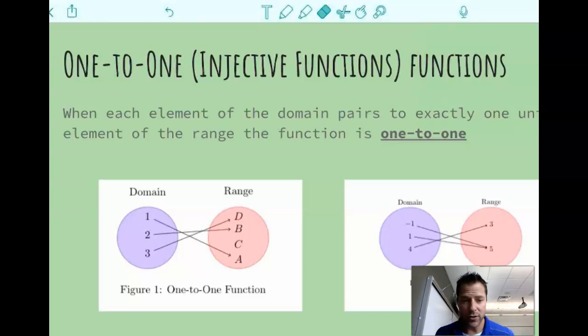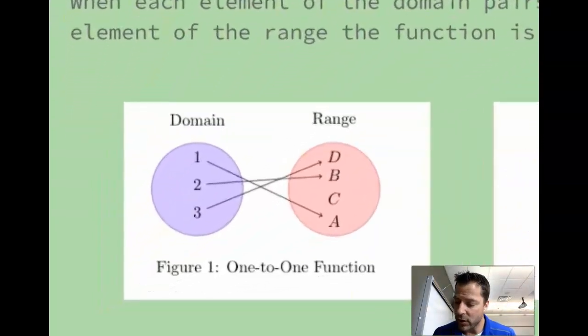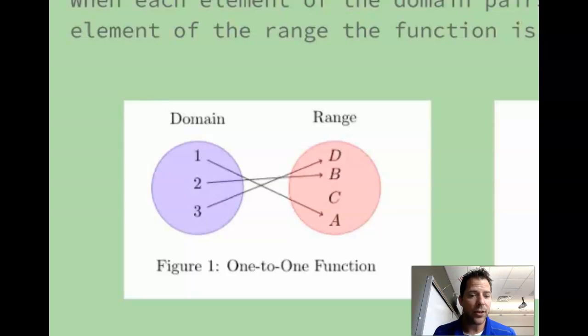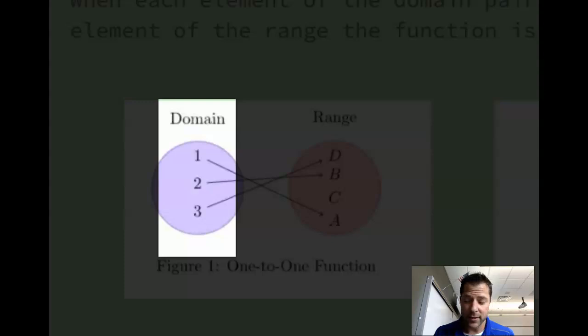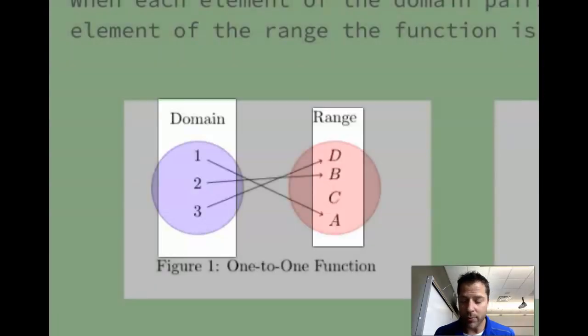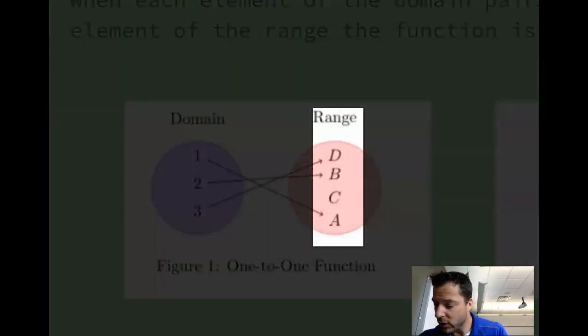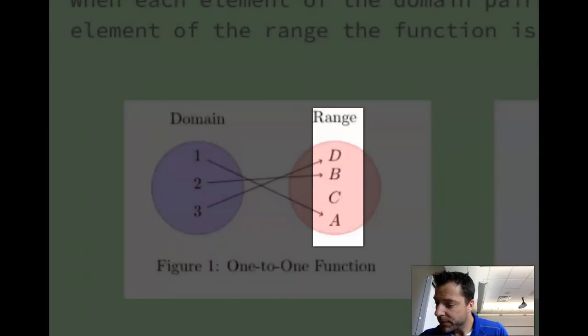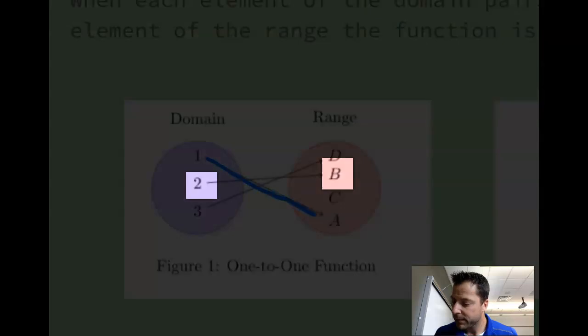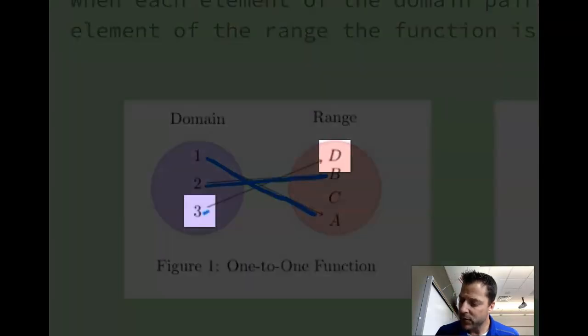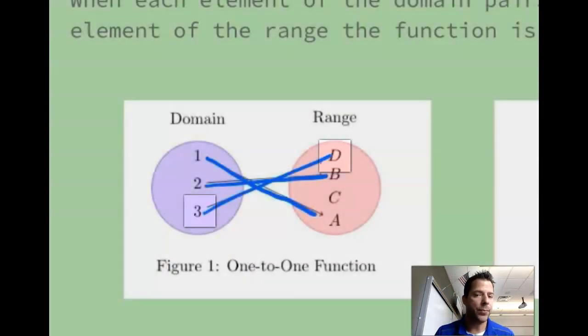So let's look at the first example here on the left. We look at the domain. There are three different inputs. They're unique, they're different, and they each go to an output in the range. So 1 goes to A, 2 goes to B, and 3 goes to D. Each different input went to its own output. And you can see that C is left off.